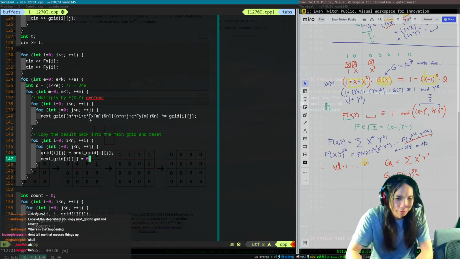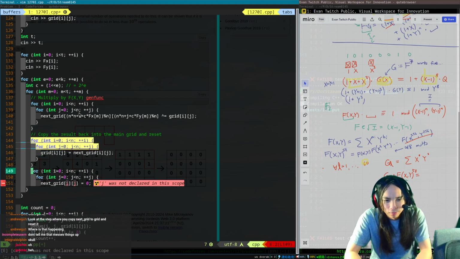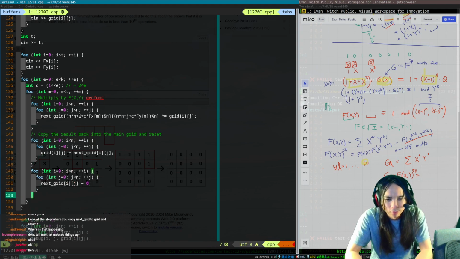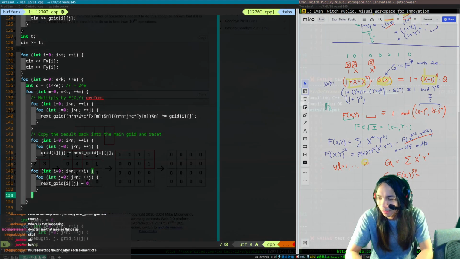Where you copy next grid to grid and reset it. Wait, is this not correct? I mean, okay, I did something else wrong.